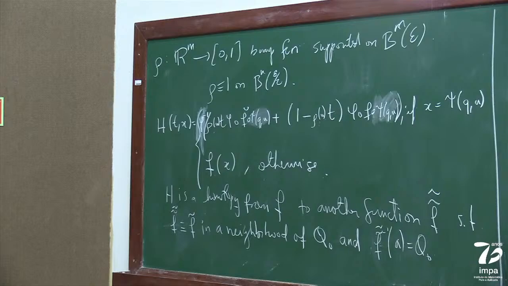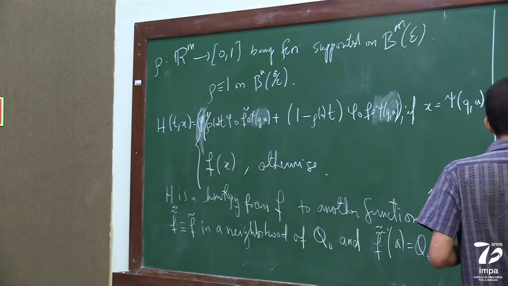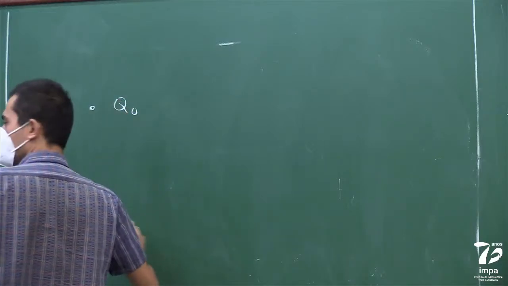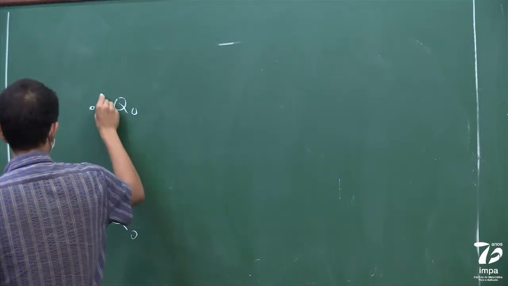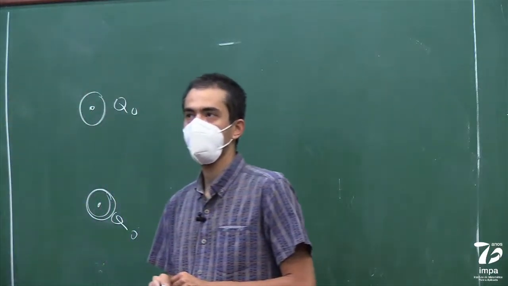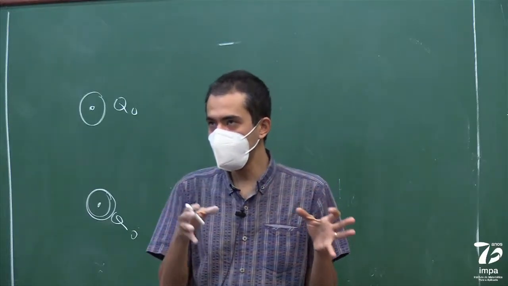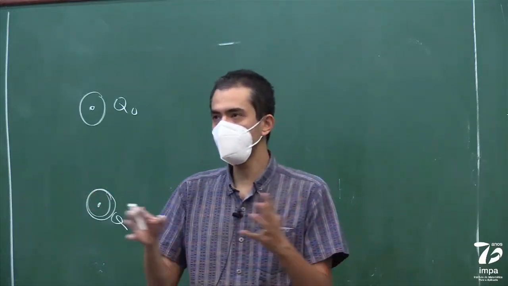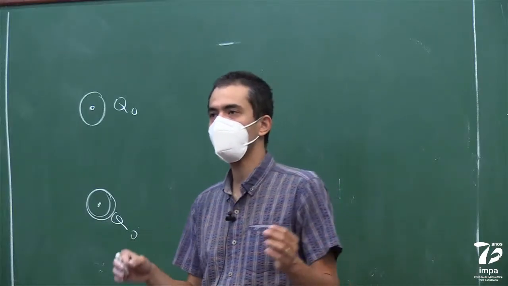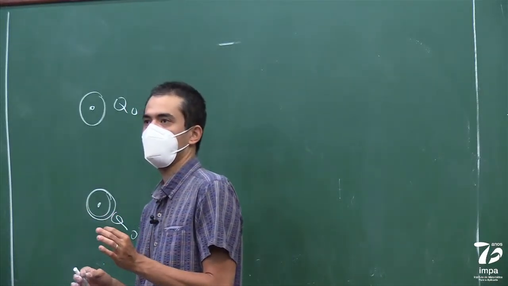So I can say this one more time. You can think about Q0 again as dots. It doesn't really matter. And you have these neighborhoods that are determined by the framing, and they can be relatively large. So when you do this linear interpolation, there's no reason that you will not create more intersections with 0 in RM.